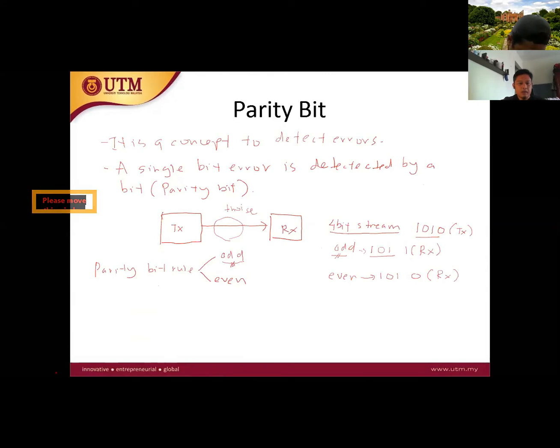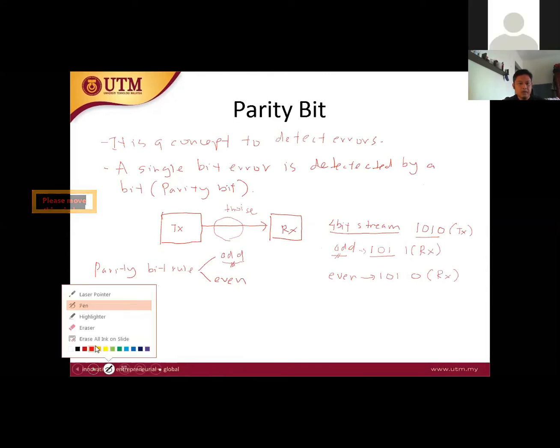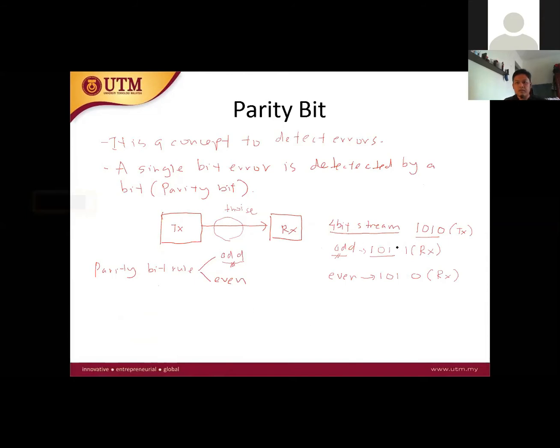I've used a different color because of noise. Suddenly this becomes one, due to noise.